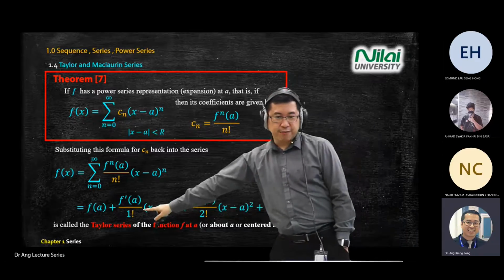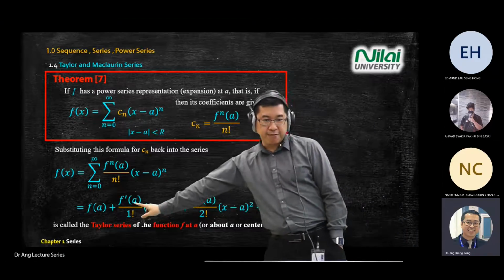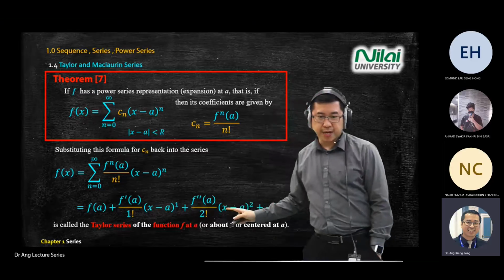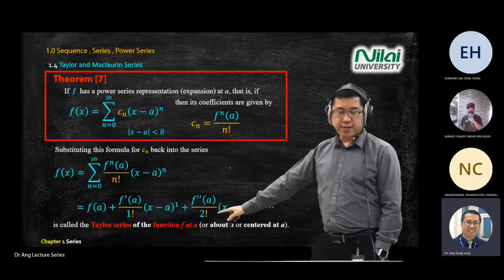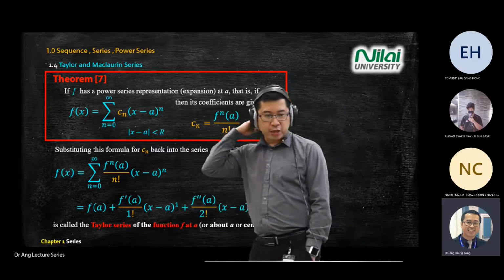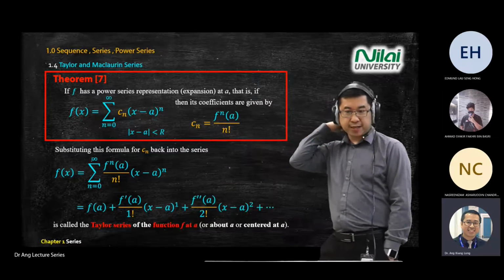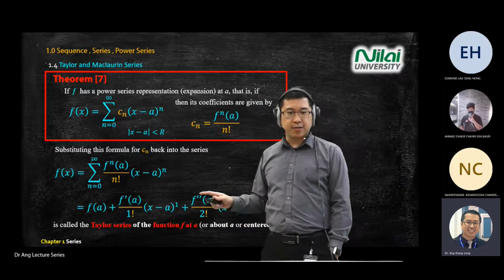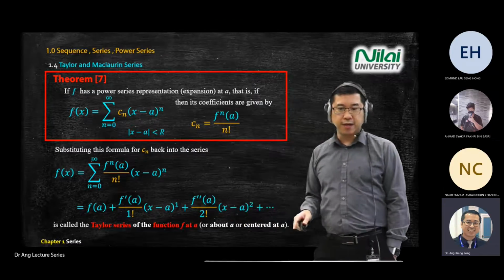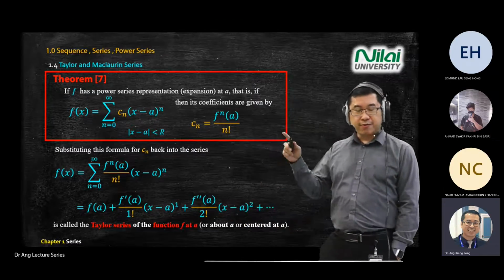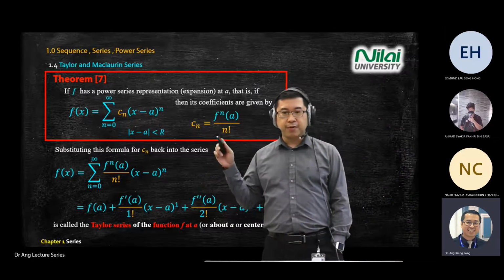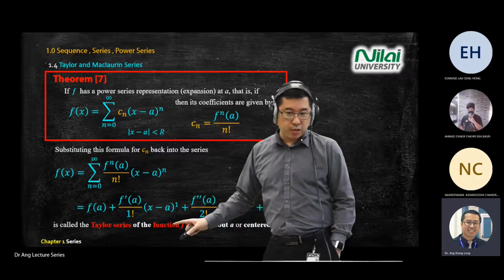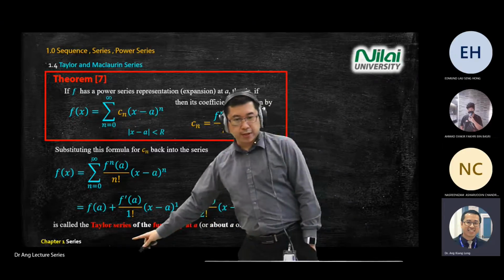You expand it in function form, f of a plus this one plus this one. We call it the Taylor series. Taylor series is very popular when you do your degree later. You use Taylor series in final year degree modules, for example, fluid mechanics, finite element analysis, and so on. So this is important.